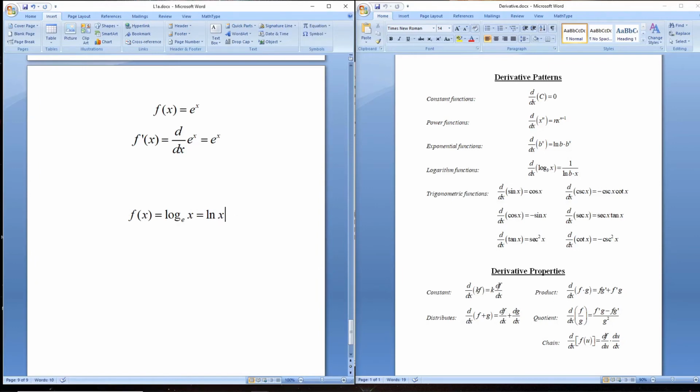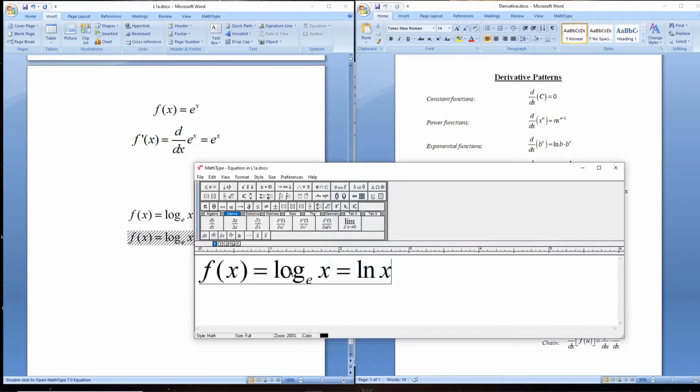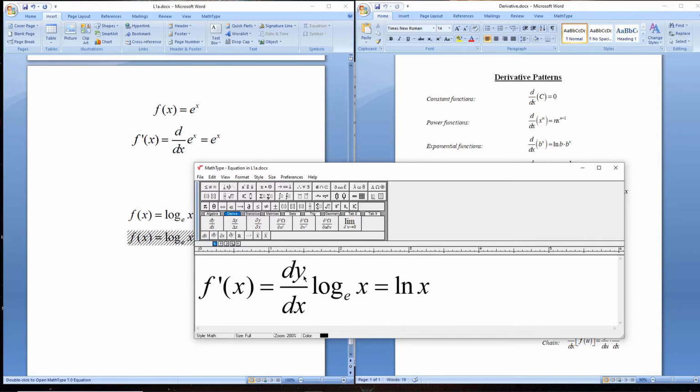So let's do this derivative. What is the derivative of log base e, which is the natural log? Let's take a look at what the pattern says about that.